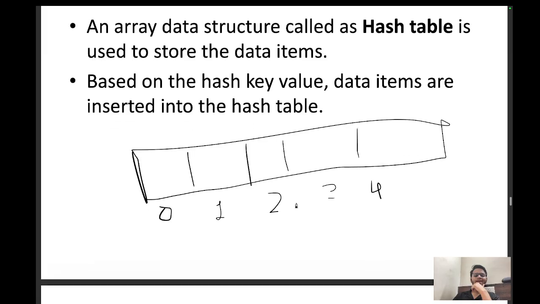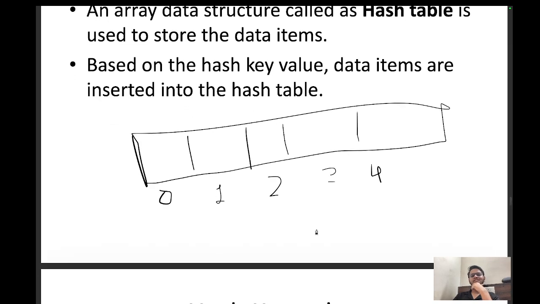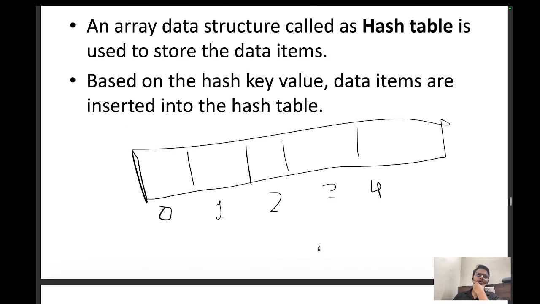The example: the question says that we have the hash function as mod, let's say mod 10, sorry, not mod 10, mod 4, and the key is 4.